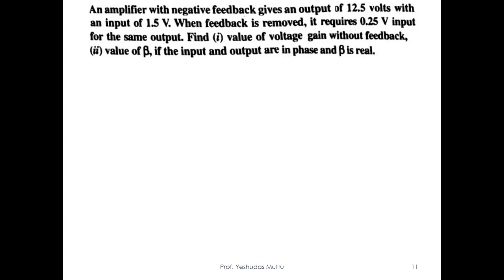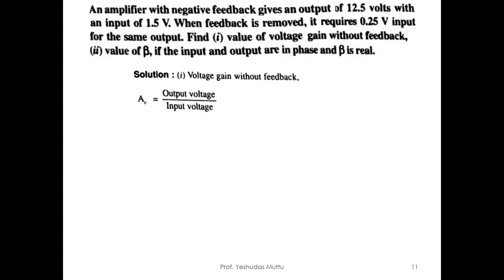We'll go step by step again. First we'll consider voltage gain without feedback. Without feedback it requires this input, so V in is 0.25. A is the voltage gain without feedback. But what is the output? Output is the same as the amplifier with feedback, so it is 12.5 volts.